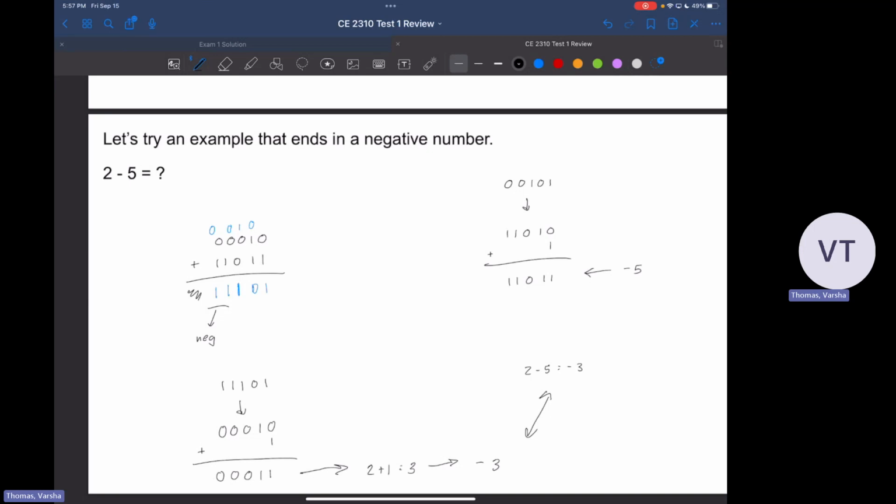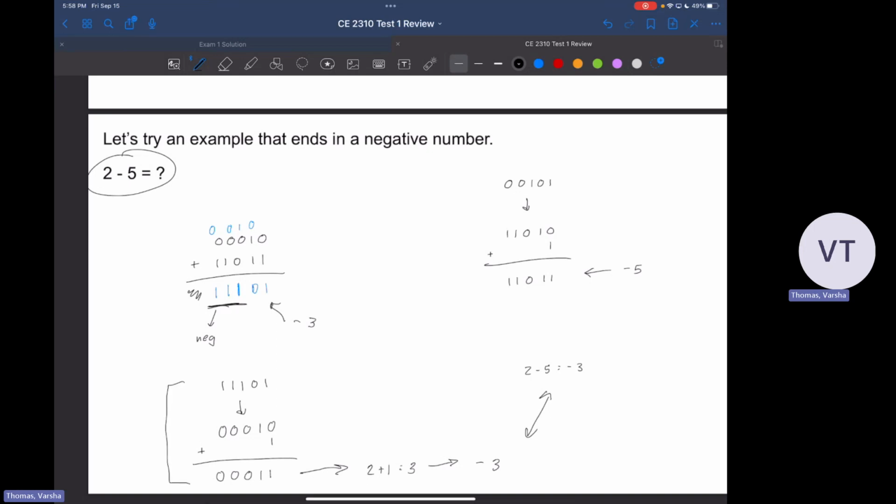So 2's complement is very weird in that you have to look at these leading bits, and you have to see if it's negative or positive at the end. And if you don't look at that, then just on your calculator, do the regular decimal and see if your answer should be negative or positive. If it should be negative, then you have to do the 2's complement at the end to find out what your answer actually is. So you're saying 0, 0, 0, 1, 1 is -3, or 1, 1, 1, 0, 1 is -3? So this is -3 in 2's complement.